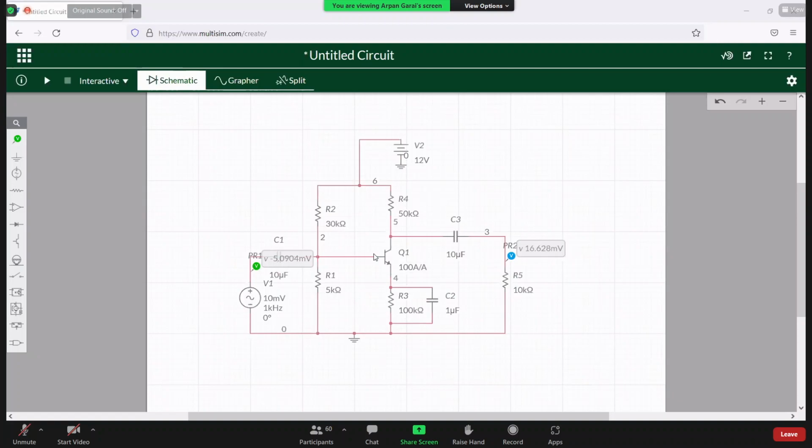And also check whether this connection is there or not. This connection is also again required. Okay, after this capacitor, let me remove that. After this capacitor, you should connect to that. This connection should be there, and inside that you connect this T1.